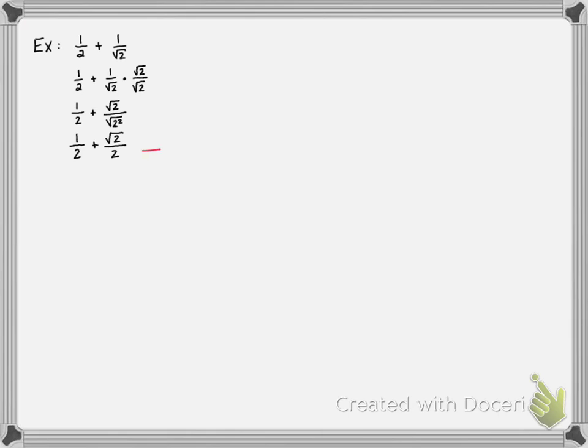And now we have common denominators. So what's my numerator going to be? What operation am I doing? You're adding. So what do you get when you add? 1 plus the square root of 2. Good. All over 2.